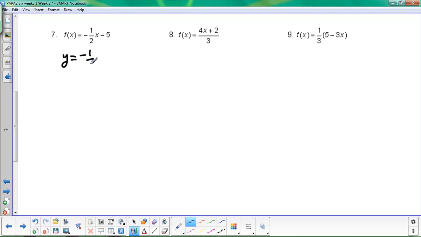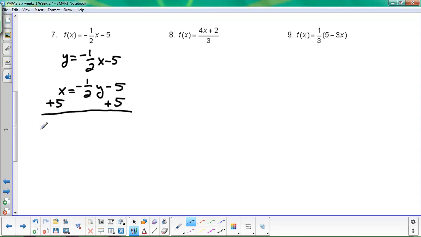y equals negative 1/2 x minus 5. x equals negative 1/2 y minus 5. Add 5 to both sides. x plus 5 equals negative 1/2 y. Multiply both sides by negative 2.